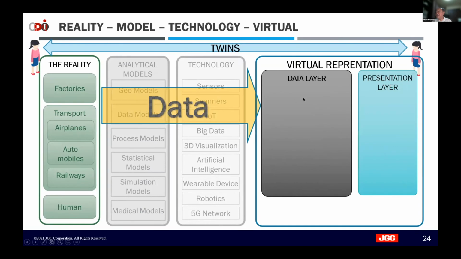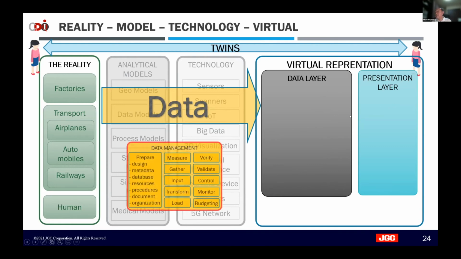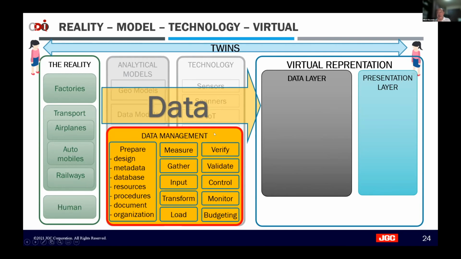Now, how does it happen? The feeding data, right? From reality, we collect the data and feed it to the data layer of the virtual representation, which will be fed to the presentation layer. Data management includes preparation of design, metadata, database, resources, procedures, documents, manuals, and organizations, right?